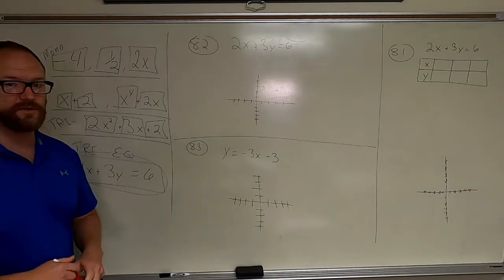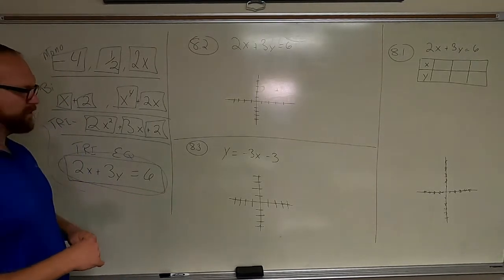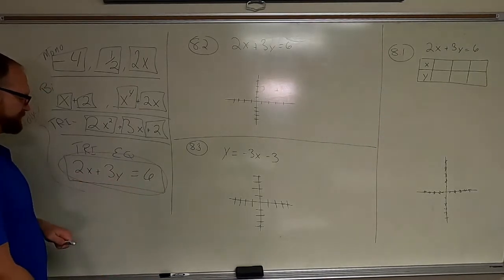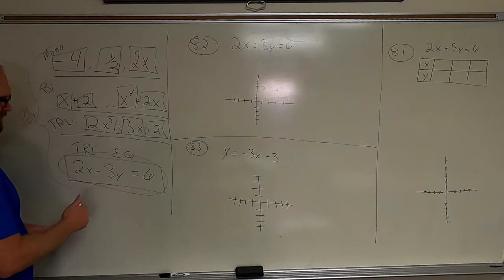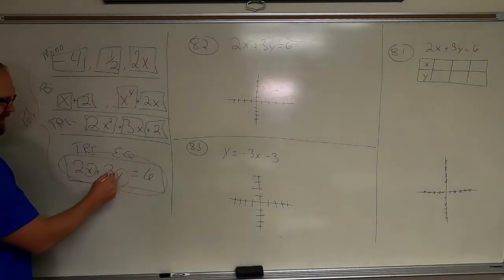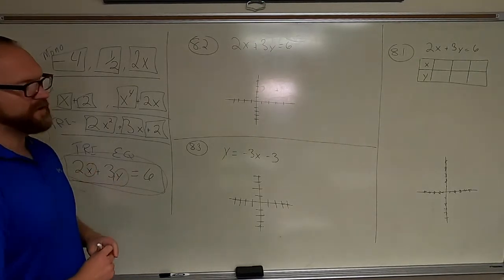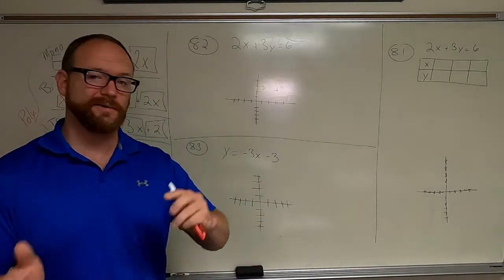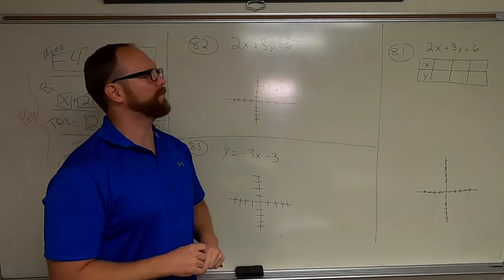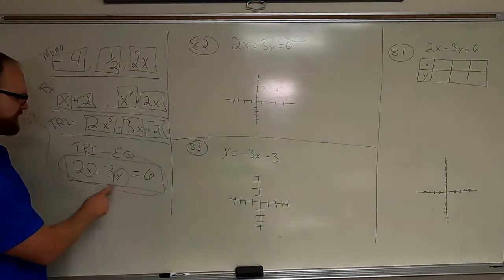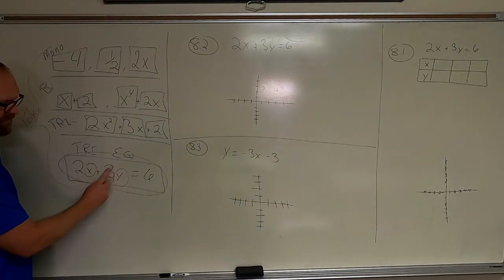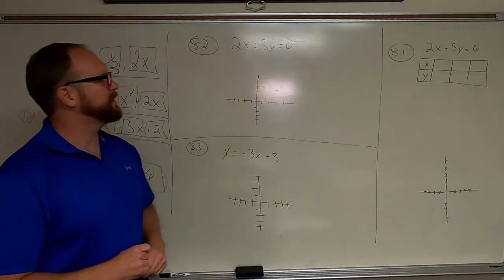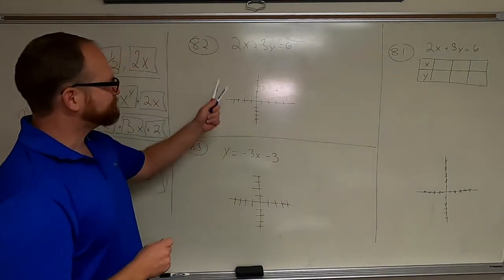How do we know it's a first-degree polynomial equation? Well, we can see we have a 2x plus 3y equals 6, and it has to do really with our variables being first-degree variables, which we'll talk a little bit more about later. Maybe we'll get into some more work with that, but it's easy enough to see that our variables here are just first degree. Our powers are just a 1, so it's a first-degree polynomial equation.